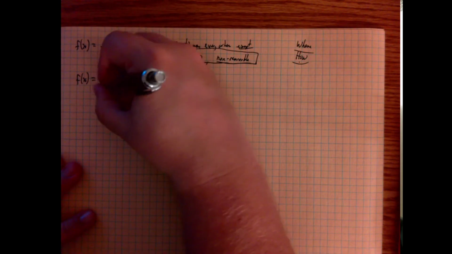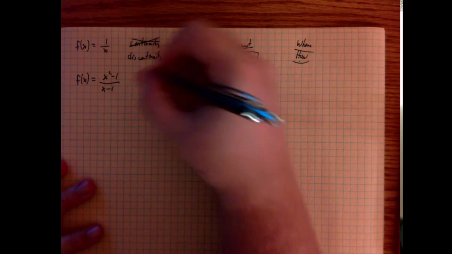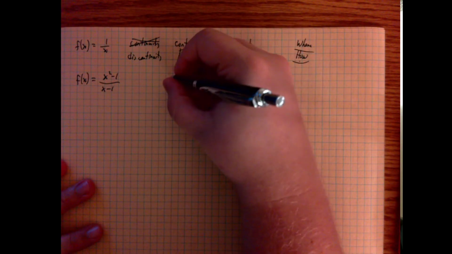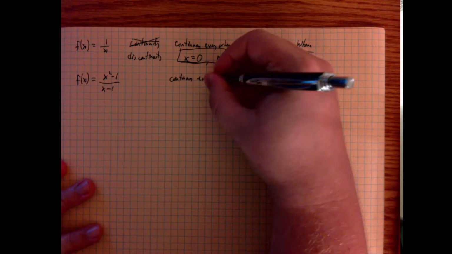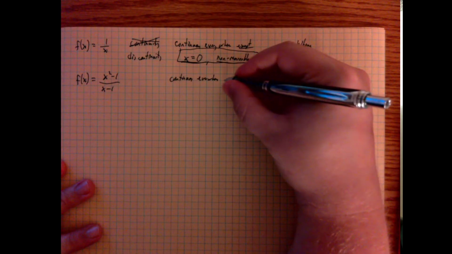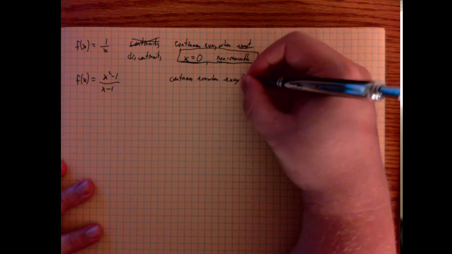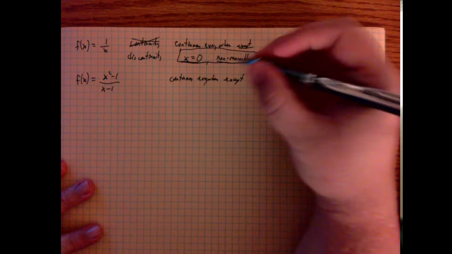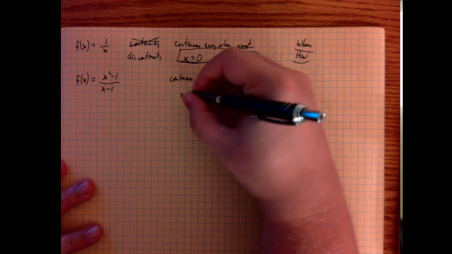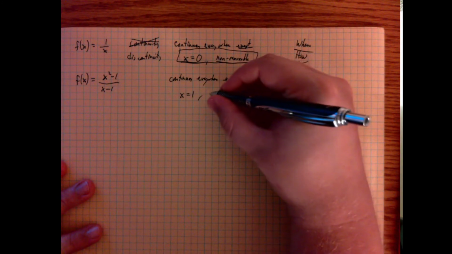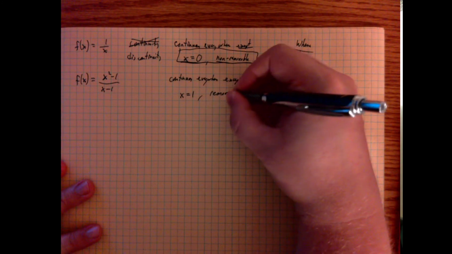For the function f of x equal to x squared minus 1 over x minus 1, we talked about where it's discontinuous, so we'd say it's continuous everywhere except, okay, in this case this was at x equals 1, and we call it removable.